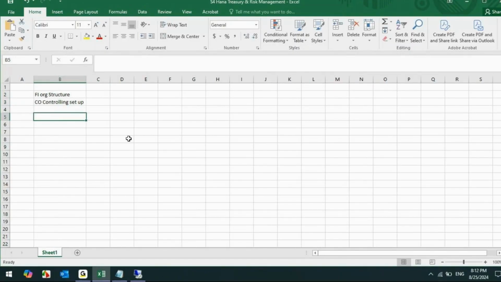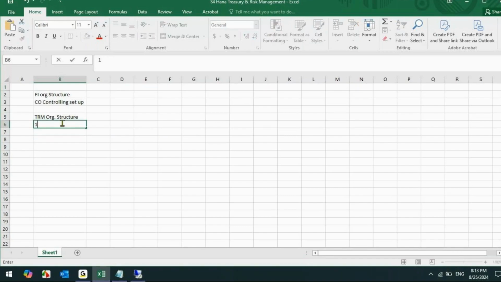Once we configure the entire structures, like your company code, your profit center, your enterprise structures, after that only, controlling area, your cost center, your profit center hierarchy, all these things once we set up, only then we can go to the TRM org structure. Okay, TRM organization structure. TRM organization structure has two org structures under TRM.